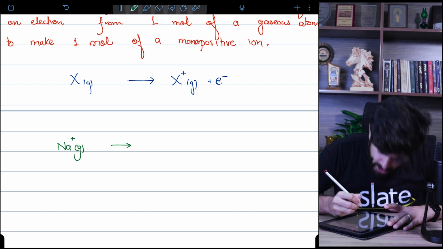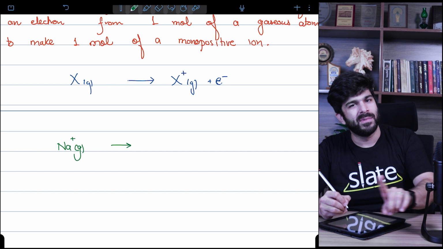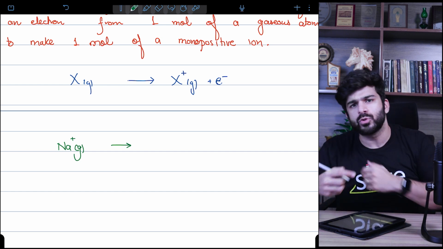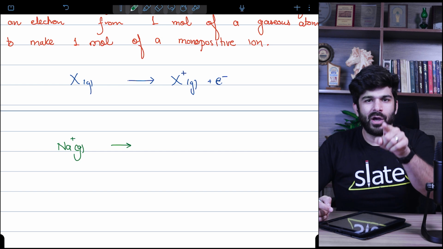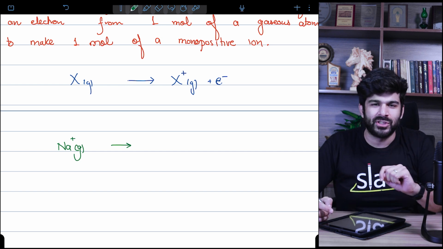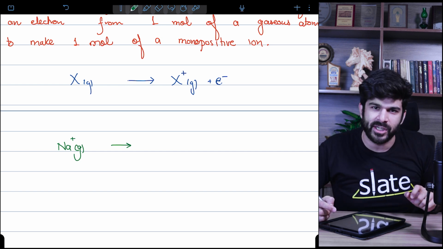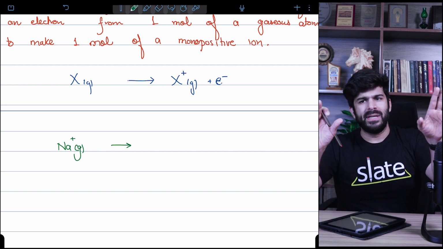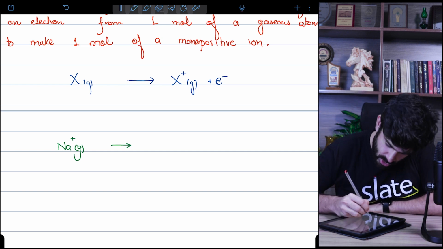Though sodium is solid, but here we have to have sodium in the gaseous state. Why gaseous? What happens to sodium? For that, you need to look at the lecture of A2 chemistry of chemical energetics. That's the concept of A2 chemistry. For now, sodium needs to be a gaseous atom, not an ion.